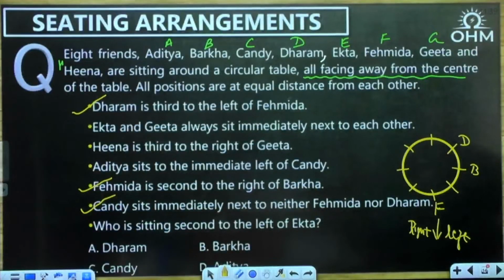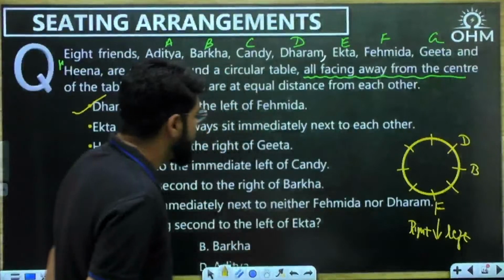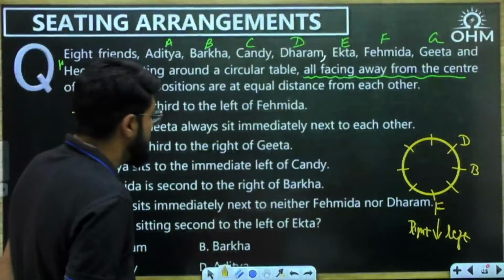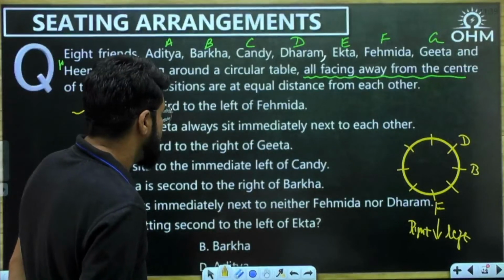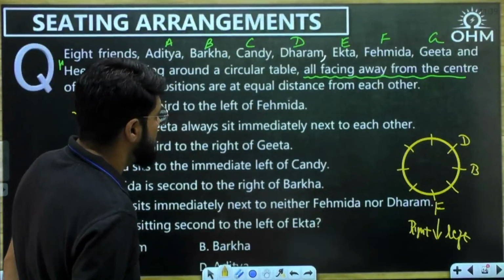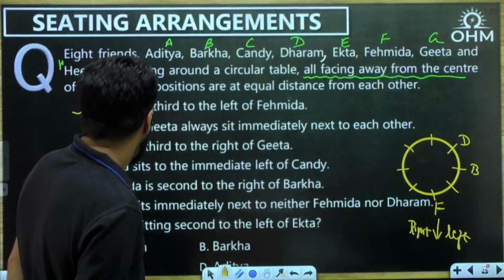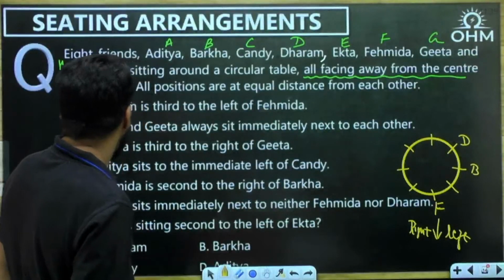They always sit immediately next to each other, and Ekta and Geeta have to be consecutive. Candy sits next to neither Fahimda nor Dharam. Maybe a typo or something is there in the question, guys.